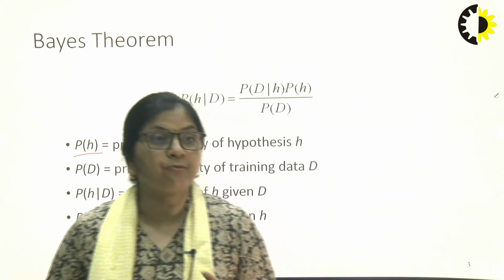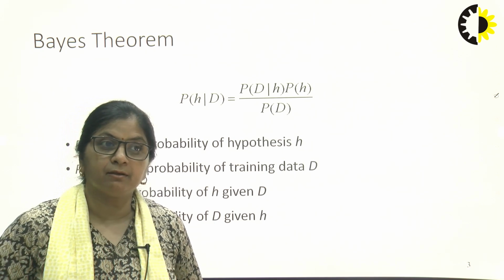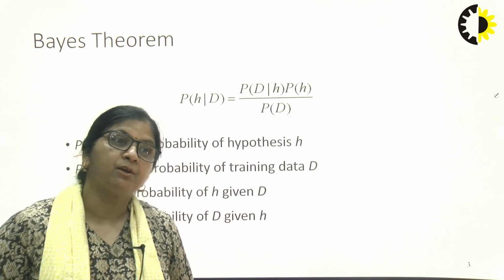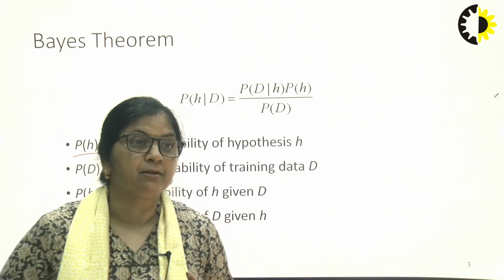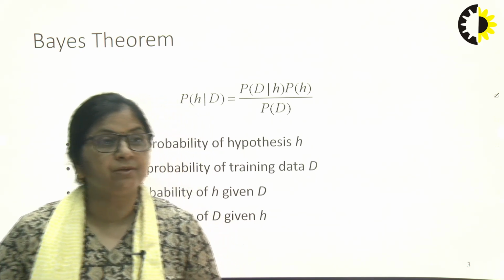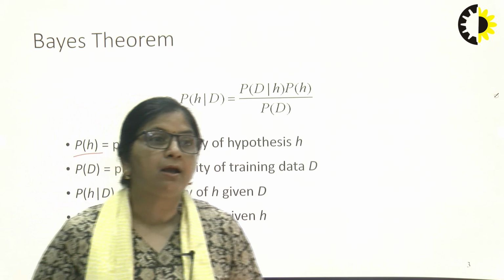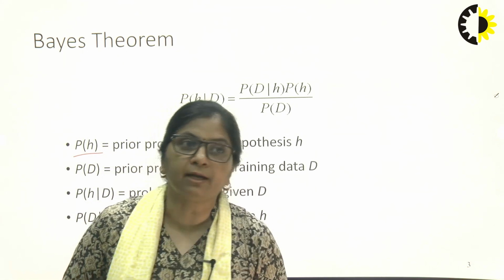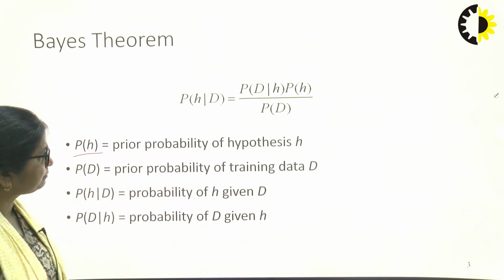This is some way of occurrence of events in the surroundings. We calculate the prior probability of any hypothesis according to our experience. It means we have observations of the working domain, and based on that we have come to know the probability that this hypothesis will be true. So that is prior probability.